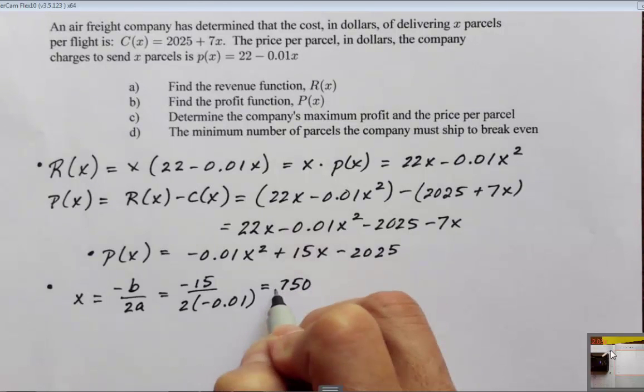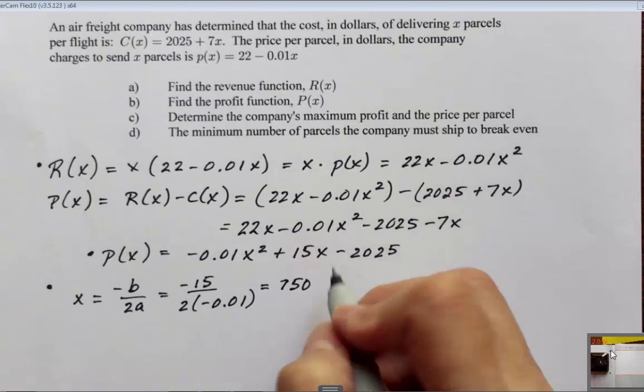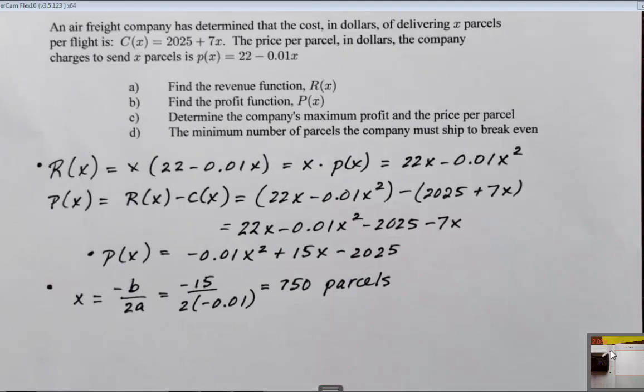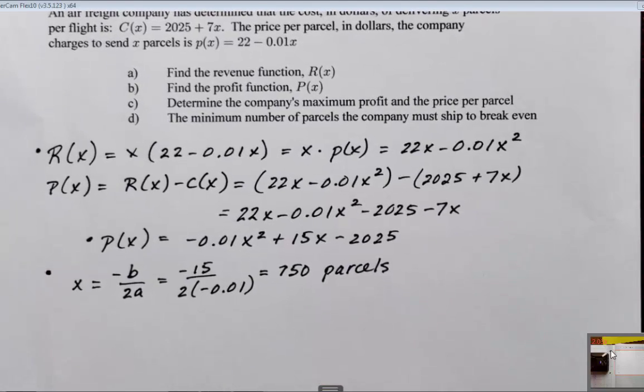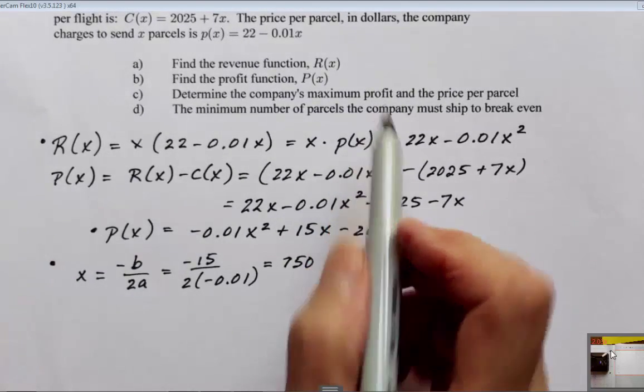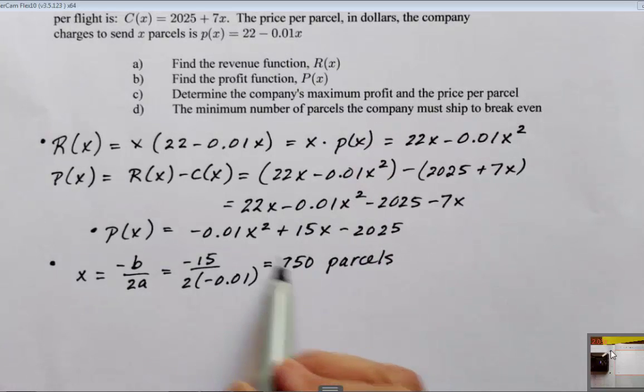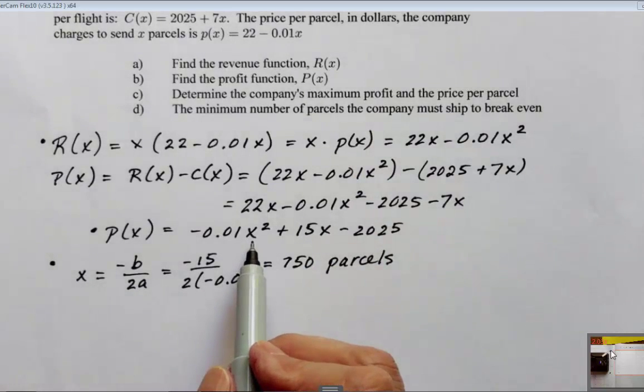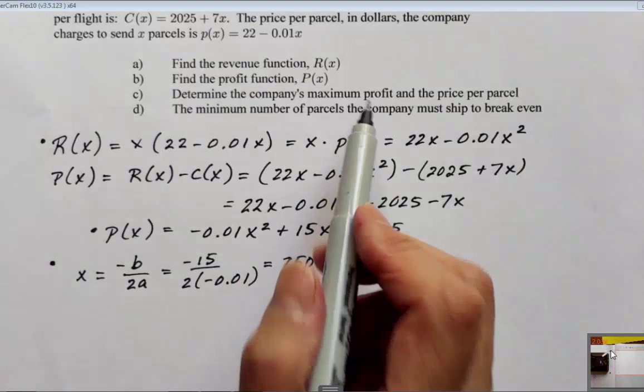So that means that when I sell 750 parcels, we'll be at our maximum, but that doesn't tell me what the maximum profit is going to be. So I need to put x equal to 750 into this function, and that'll tell me what my maximum profit is.